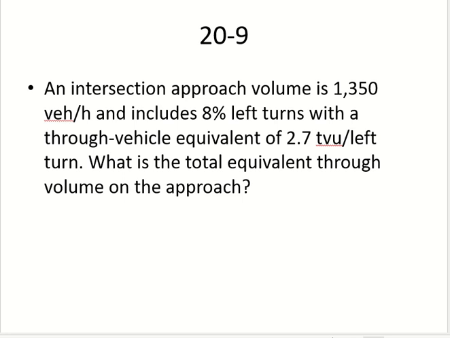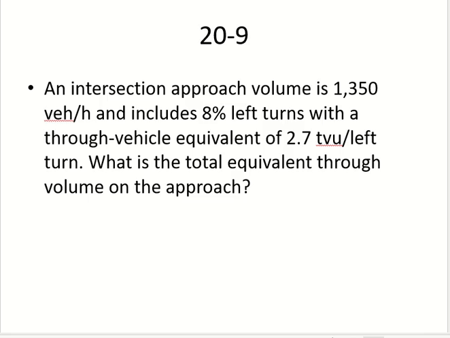Now I need to add them with the through vehicles to get the total number. How many through vehicles do I have? It was 1,350, from which this was left turning, so I will subtract them to get the straight ones, which is what? 1,250, right?